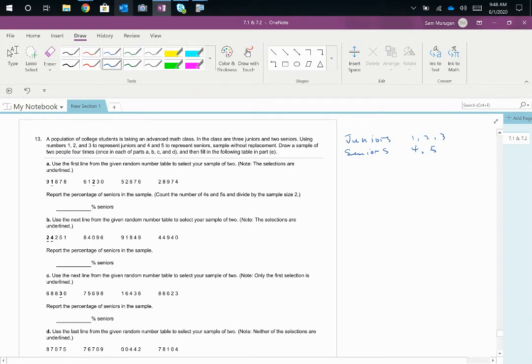Sample without replacement. Draw a sample of 2 people 4 times, once in each of parts A, B, C, and D, and then fill in the table below.